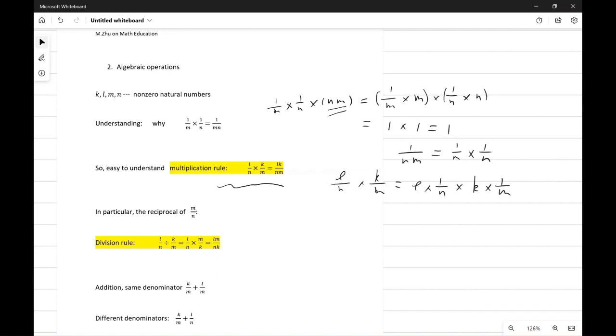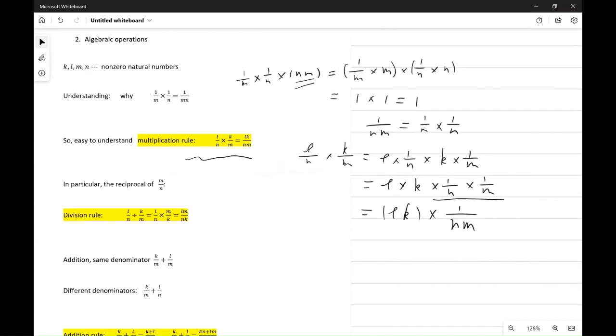Then using the commutative rule, we have l times k multiplied by 1 over n multiplied by 1 over m. Then using the associative rule, you have l times k, multiplied by, using the above property, 1 over n times 1 over m, which is 1 over n times m. Then using the definition of fraction, this is exactly the same as l k over n m. Thus, we obtain the general multiplication rule.